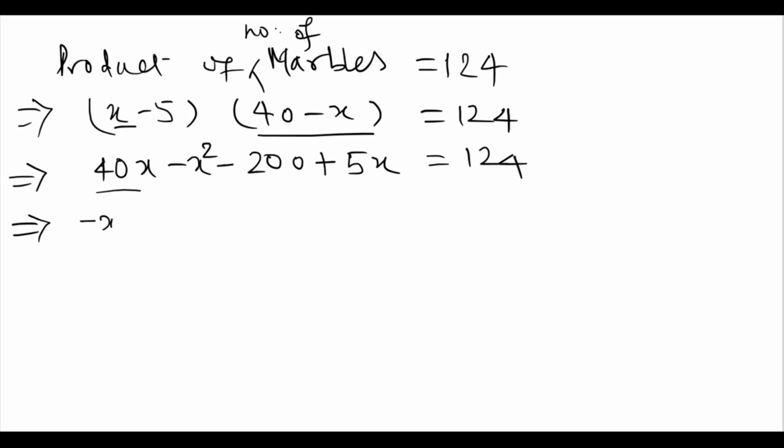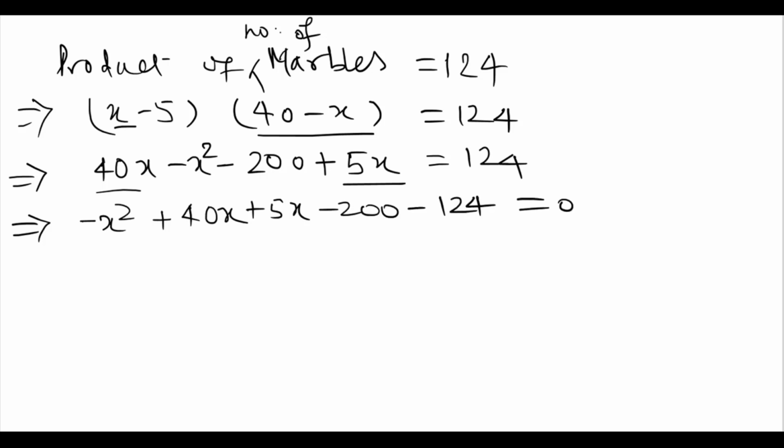So let's write it in actual form. Minus x square plus 40x plus 5x minus 200 minus 124 is equal to 0. So minus x square plus 45x minus 324 is equal to 0.